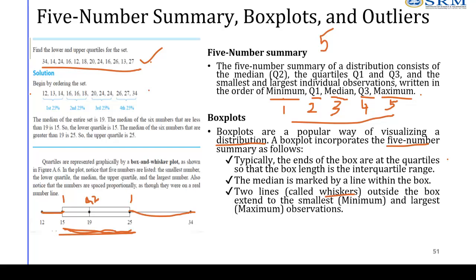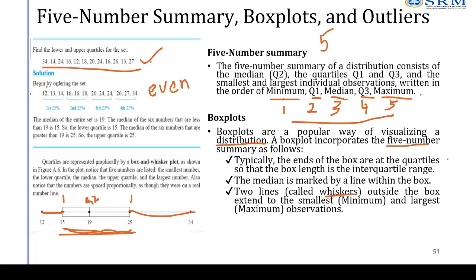Now I need to find the median. How many observations do I have here? 1, 2, 3, 4, 5, 6, 7, 8, 9, 10, 11, 12. I have 12 observations, which means it is an even set of observations.